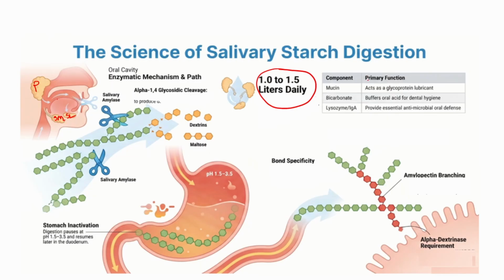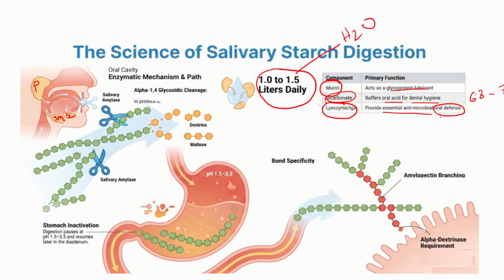Saliva is composed primarily of water, but we must also place several crucial biochemical components into this mix. We include mucin, which acts as a glycoprotein lubricant to ease bolus passage; bicarbonate, which buffers oral acid for dental hygiene and maintains an optimal oral pH of approximately 6.8 to 7; and lysozyme alongside immunoglobulin A, which provide essential antimicrobial oral defense.